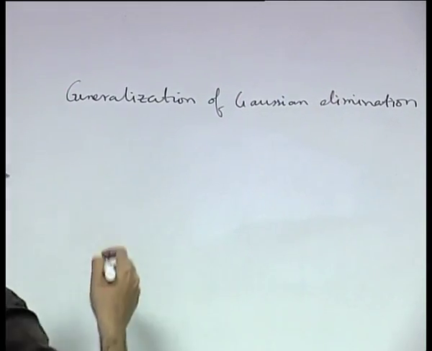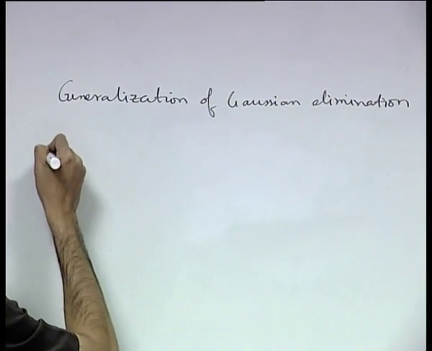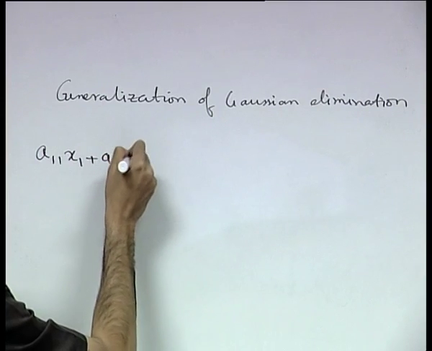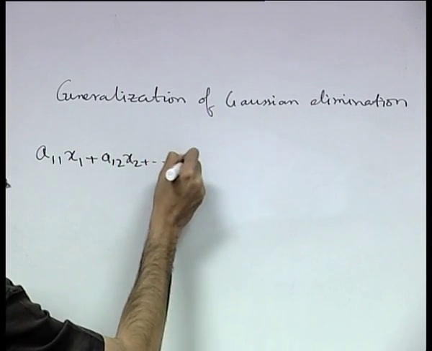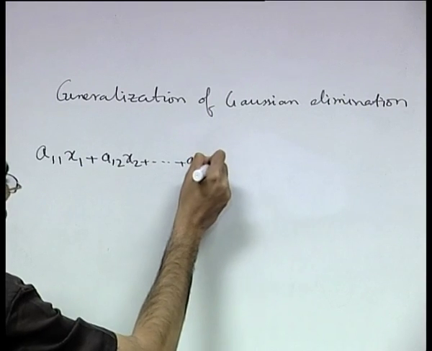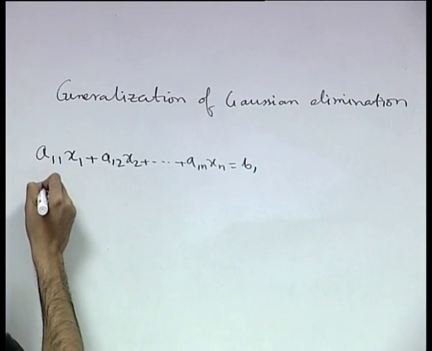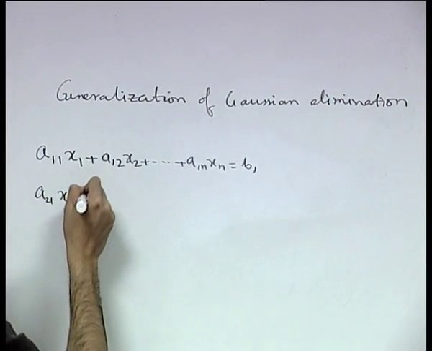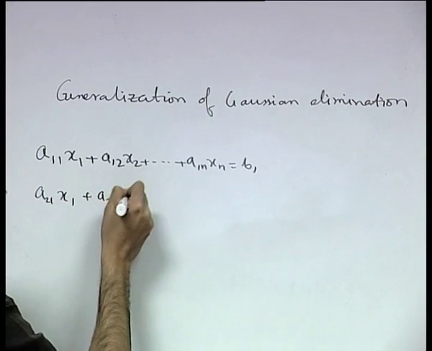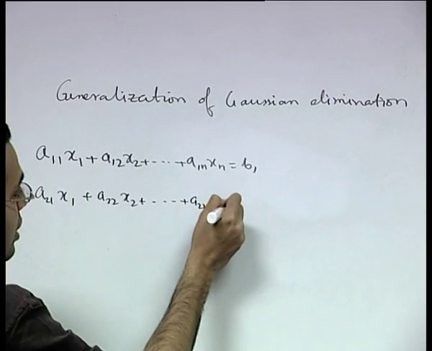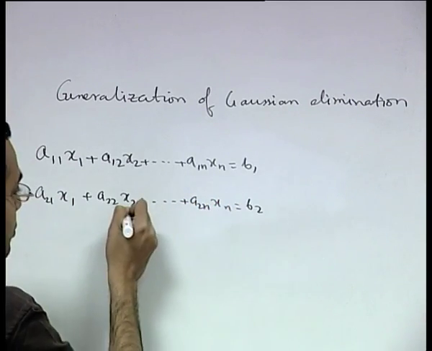To generalize the Gaussian elimination, let us consider a system of equations like this: a11 x1 plus a12 x2 in this way plus a1n xn is equal to b1, a21 x1 plus a22 x2 plus a2n xn is equal to b2.